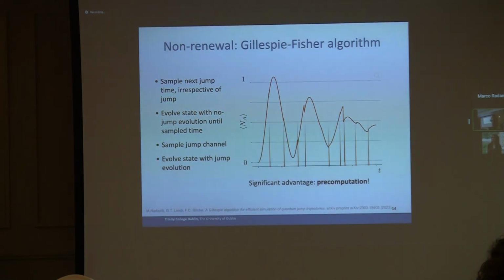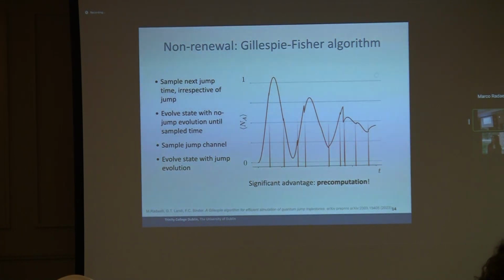The problem with this approach, especially if we need a large number of trajectories, which is usually the case when we want to do Fisher information computations, is that in most cases of physical interest, the time scales of the Hamiltonian are much quicker than the time scale of the jump dynamics. Which means that, as we can see here, the vast majority of the time steps will not see any jump. So we'll spend a lot of time computing parts which are not interesting for our purposes, if we are only interested in the jump dynamics.